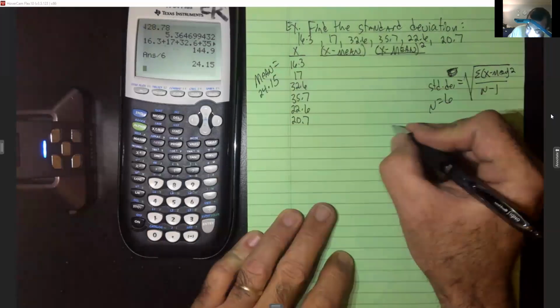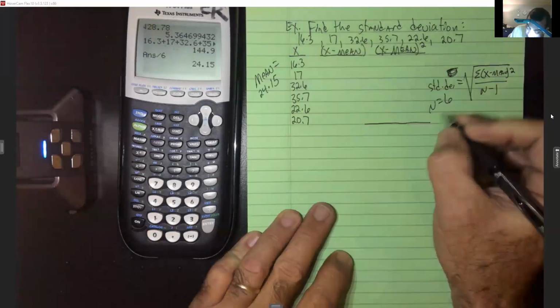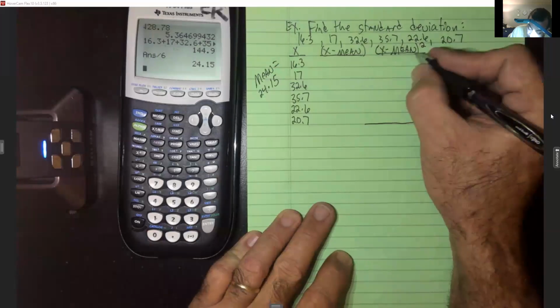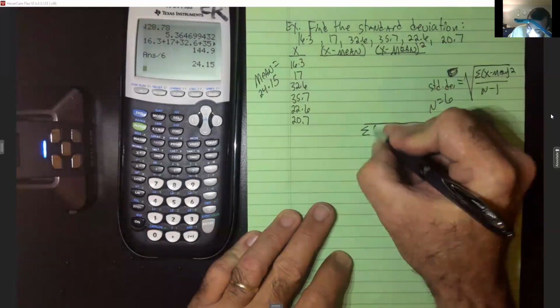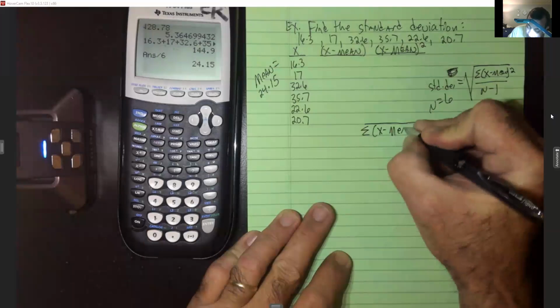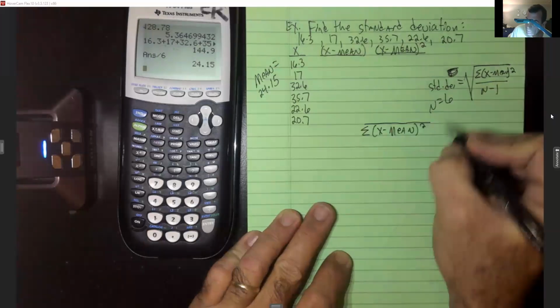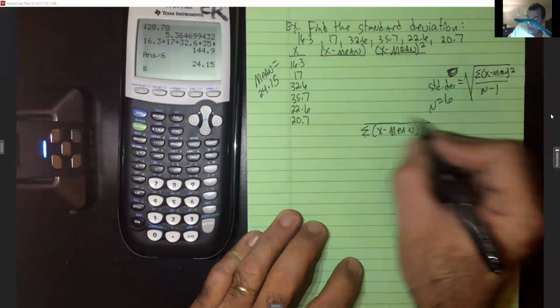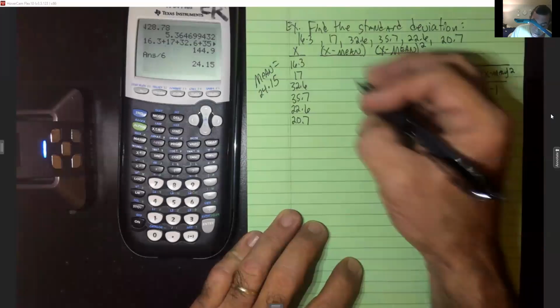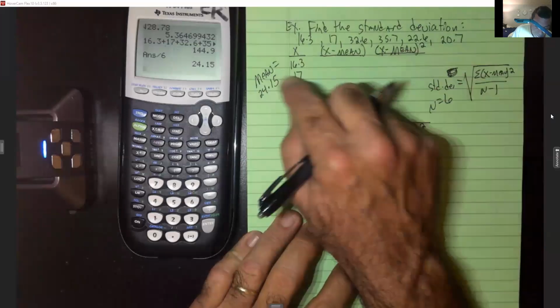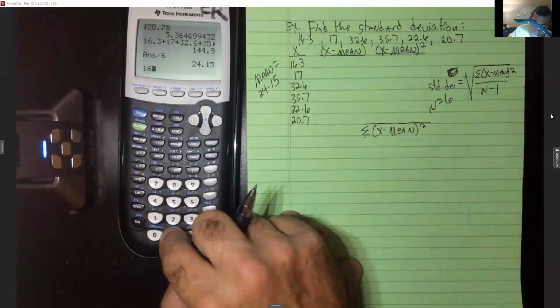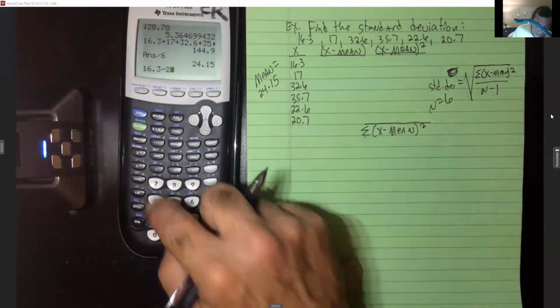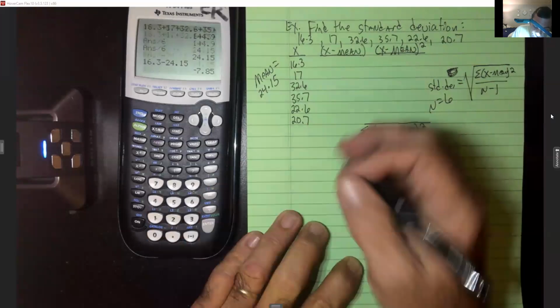So remember, when I get these x minus mean squared values, I'm going to add them all together and see what all these squares equal. That big E, that's sigma, means the sum of all these that we're adding, okay? So let's start by taking our 16.3 minus 24.15. Notice we always subtract.